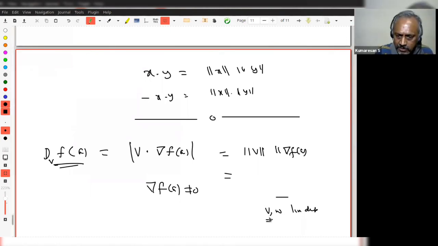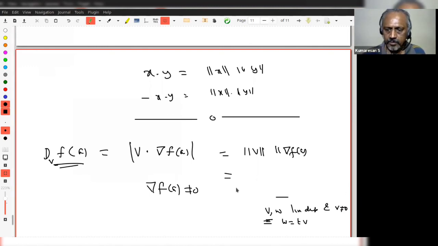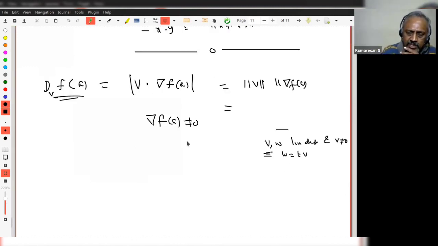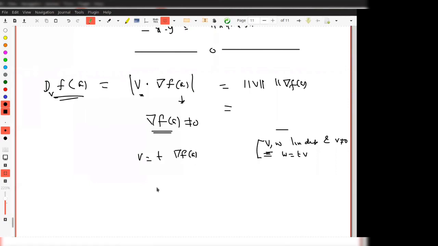If I know, for example, V is non-zero, then W must be a scalar multiple of V. Now, if a is not a critical point, where critical point is where the gradient is 0, then my direction V must be a scalar multiple of the gradient. From this linear algebra and from this Cauchy-Schwarz inequality, this much I get.